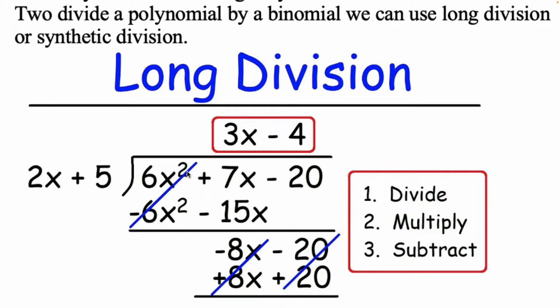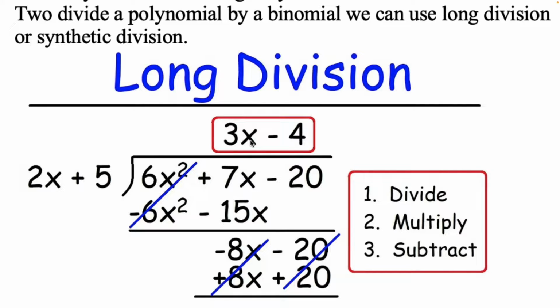But what I want to do is figure out what do I need to do to make this 2x out in front match the term that's leading at the time? So if I want to turn it into 6x squared, well, first to turn 2 into 6, I need to multiply by 3. And then to turn x into x squared, I'm going to have to multiply by x. So that's where they got 3x. So you do this a piece at a time.